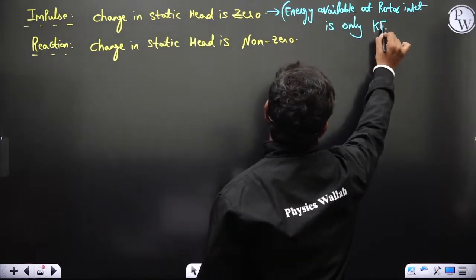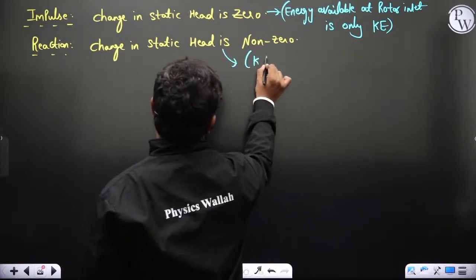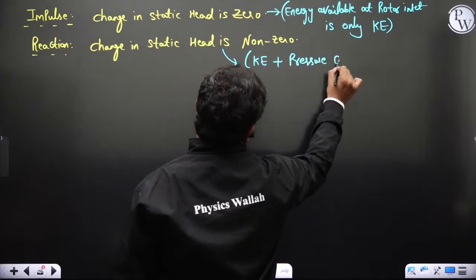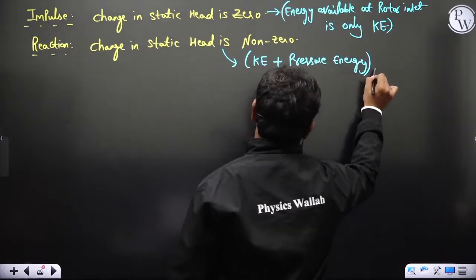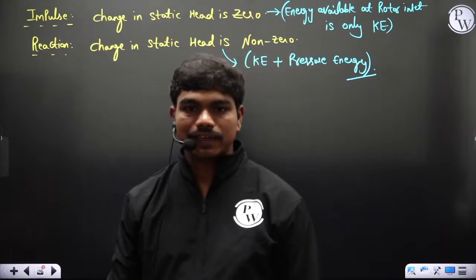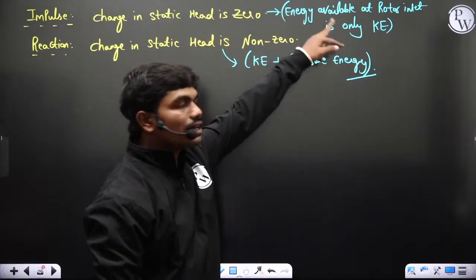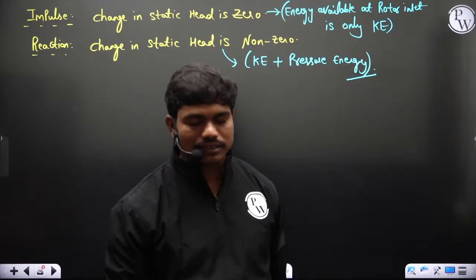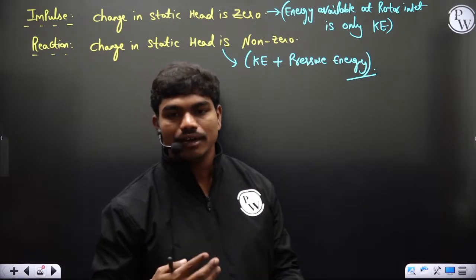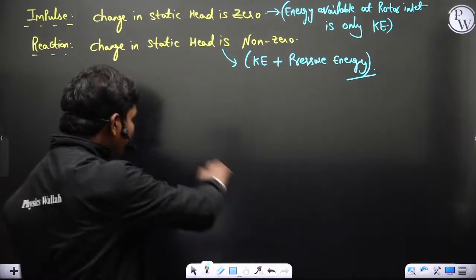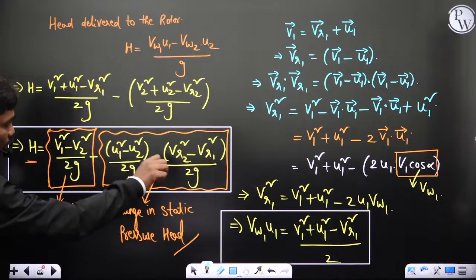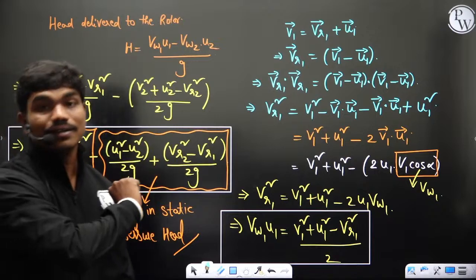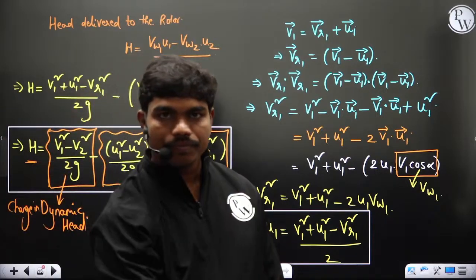Here kinetic energy will obviously be there, plus along with that you also have pressure energy, because of which the wheel will rotate. You might have studied this in a different way: in impulse machines only kinetic energy is available, in reaction machines kinetic plus pressure energy is available. But when you analyze velocity triangles and understand Bernoulli's equation a little, you will come to know this part is directly due to the dynamic head impact, but this term is due to the pressure energy change. Clear? Okay.